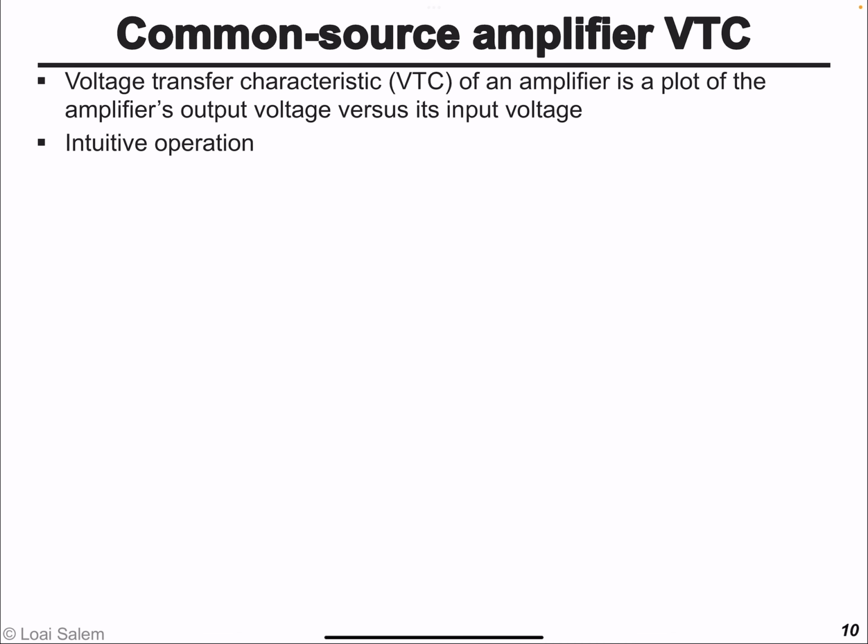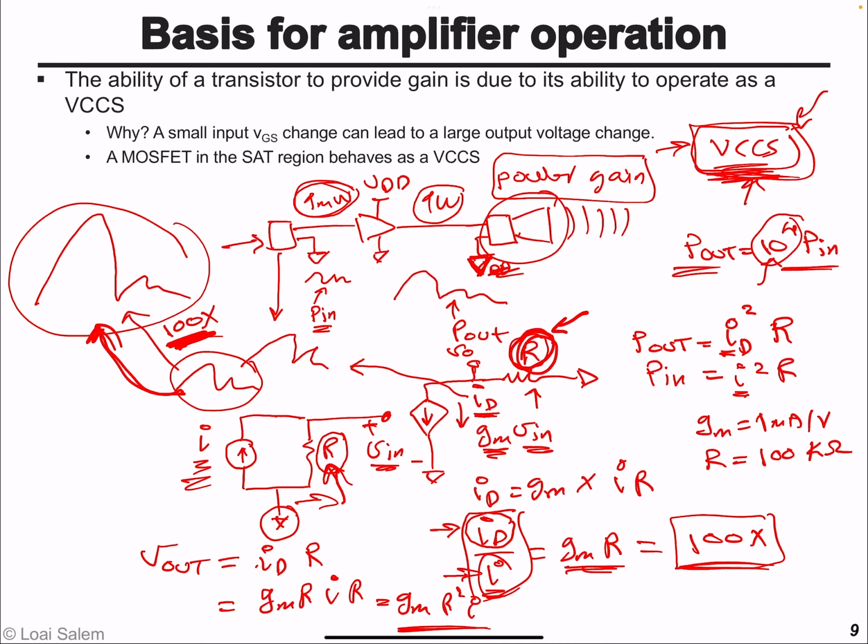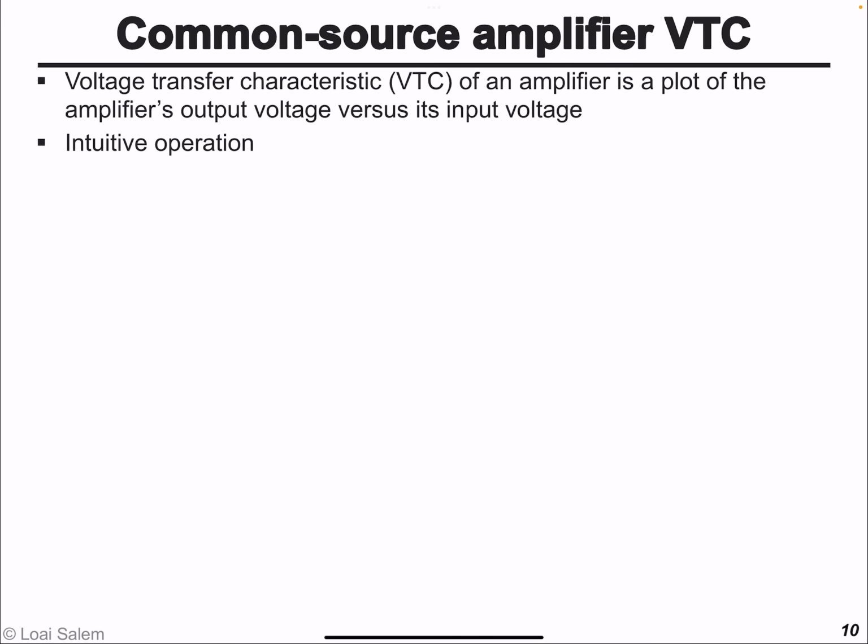Now, let's take this simple circuit and actually implement it. Here I used a voltage controlled current source, and I mentioned previously, when I described the NMOS and PMOS operation, that the NMOS transistor in the saturation region essentially behaves as a voltage controlled current source, right?